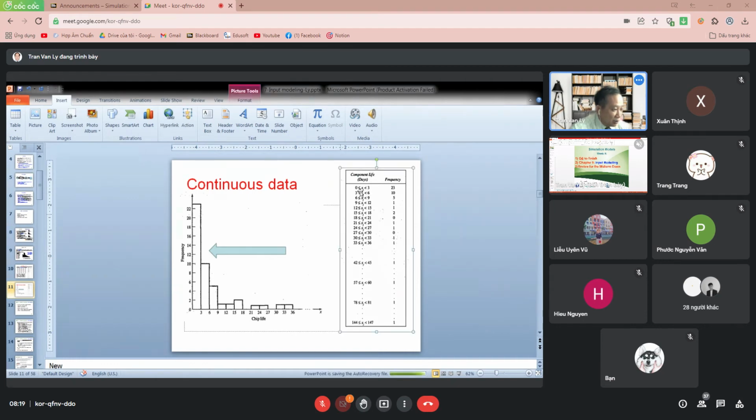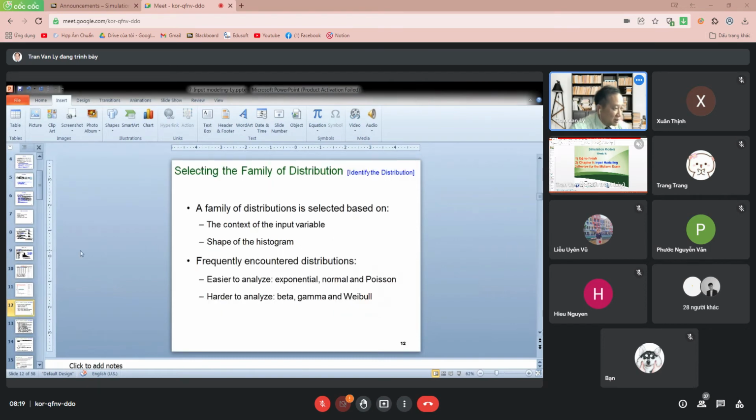Frequencies. You need to identify and select the family of the distributions, the family context, of the input variable and the set.